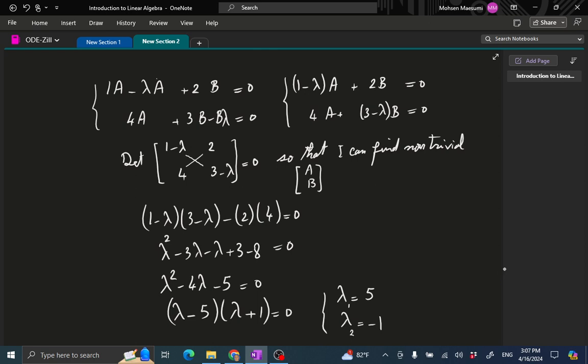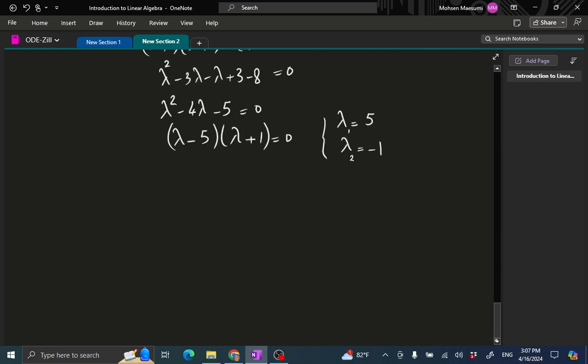I am going to put it in this equation. Let me write this equation again. Let's paraphrase what happened. This was the matrix. Then from that we made 1 minus lambda, 2, 4, 3 minus lambda. We made the determinant out of it and then found the roots of that.